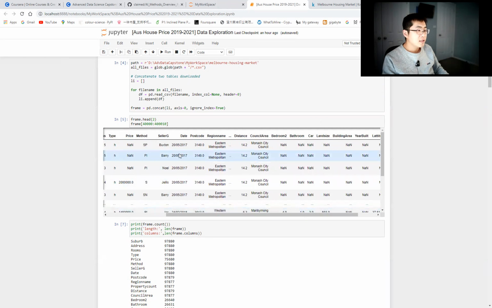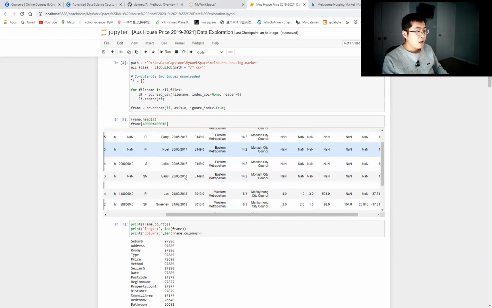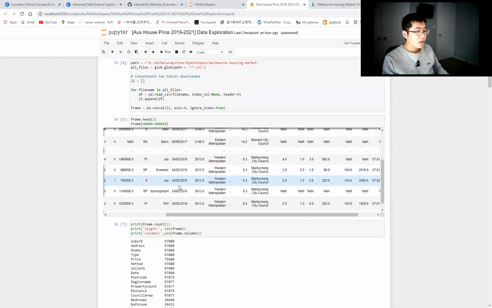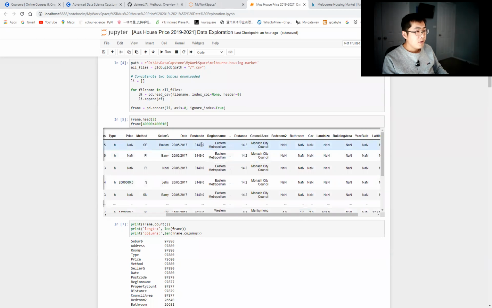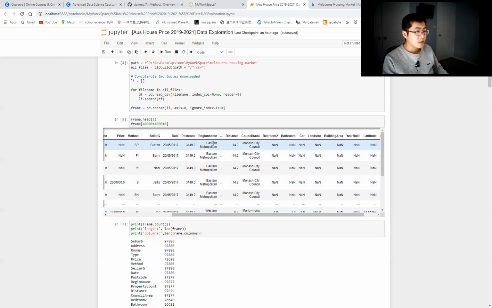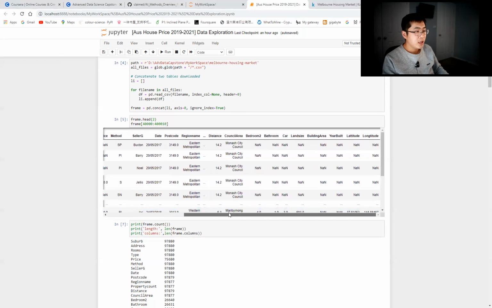We also have the sold date, by month. Postcode, which is in a funny data format. I think it's a float. We need to convert it into a string because that's definitely not numerical data. That's categorical data. Region name and some other location information.